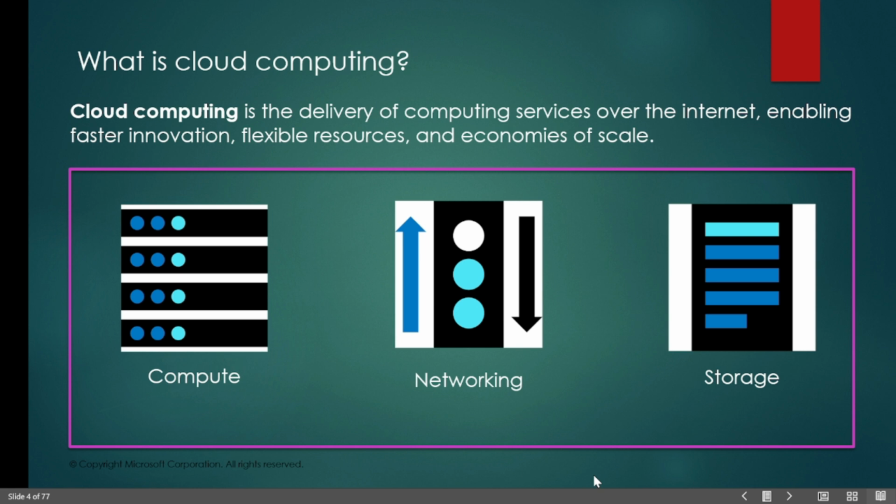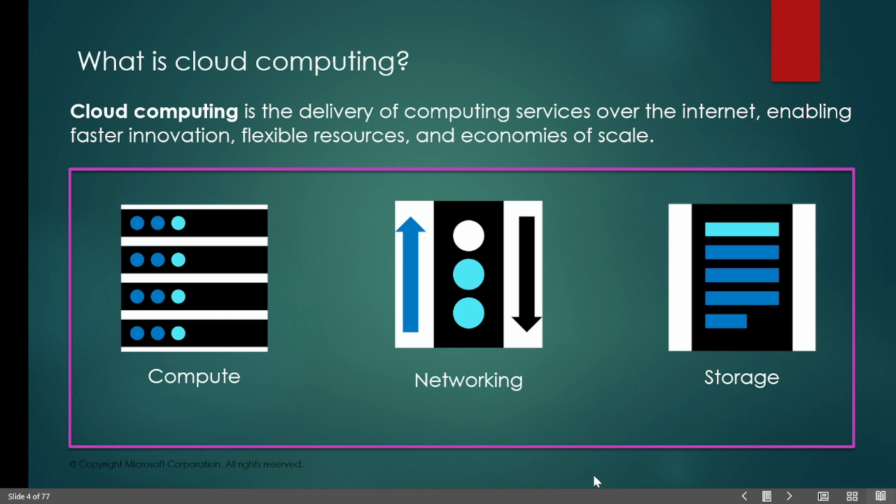Just as it is mentioned here: enabling faster innovation, flexible resources, and economies of scale. Because you can access all of these resources and more with just a click of a button, you can actually innovate. You can put quality time into building up your application or your system. Why?